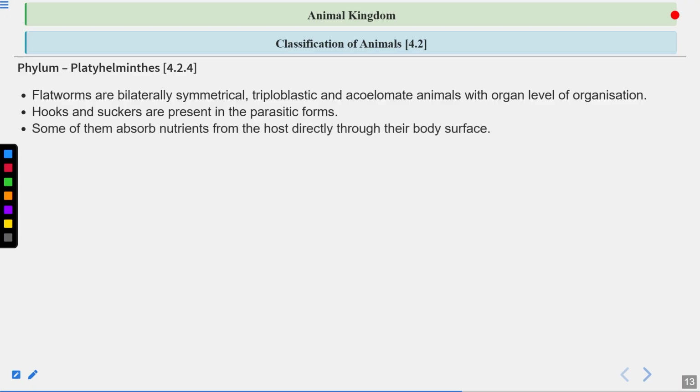Some of them absorb nutrients from the host directly through their body surface. Now, a very, very important feature: these Platyhelminthes do not have any digestive system. Why are they not having any digestive system? Because they live inside our body, and their body surface absorbs the nutrients.